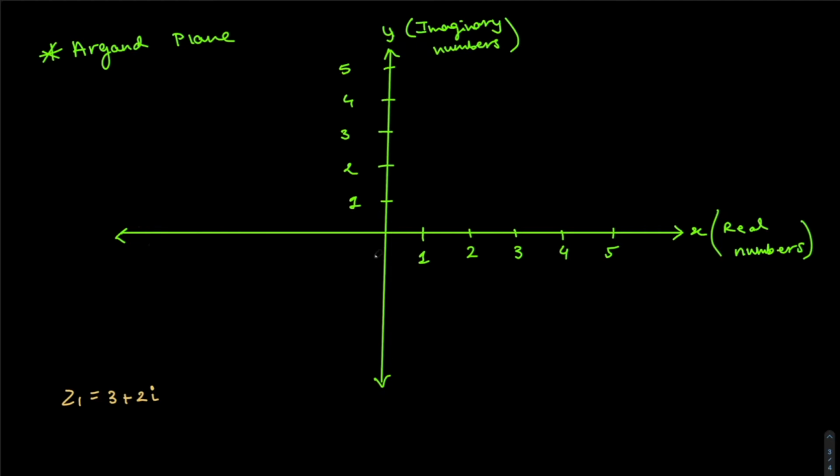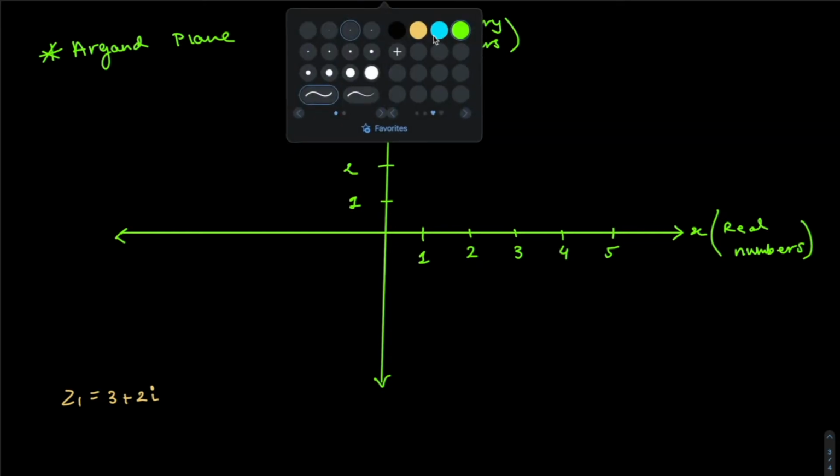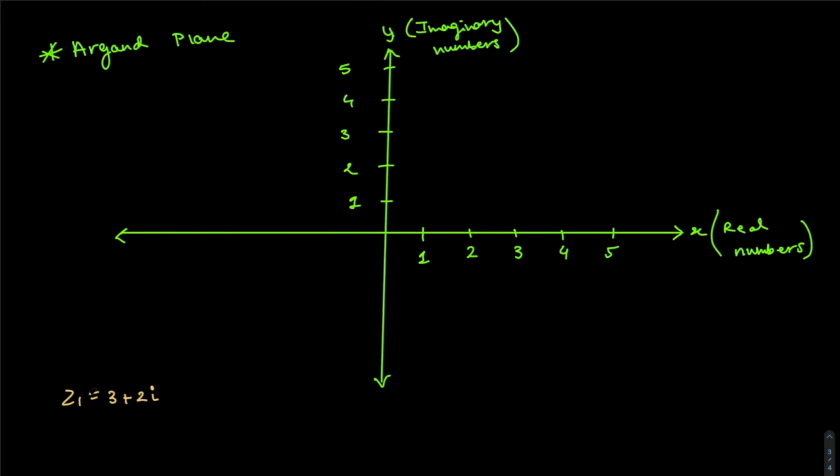And then -1, -2, -5 on the other side. So if you have to plot this, how do we do it? Well, we know it's 3 on the real axis. So we go 1, 2, 3, and then 2 on the imaginary axis. So exactly right here. So we'd have z1 right here.